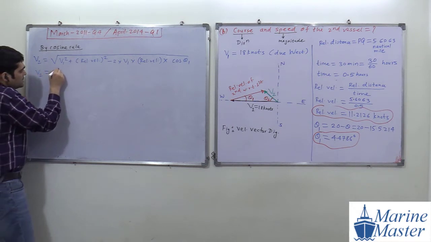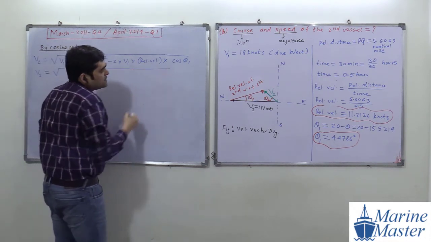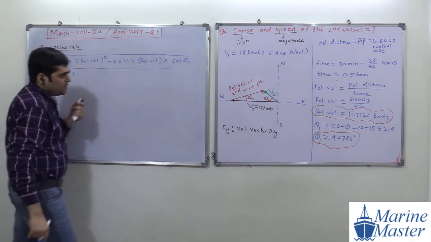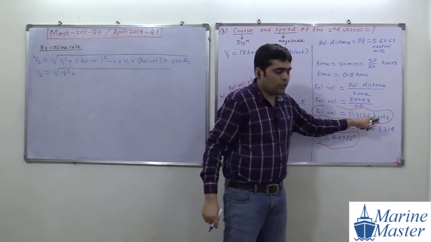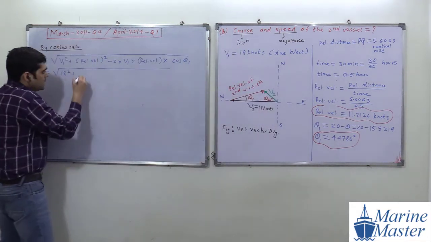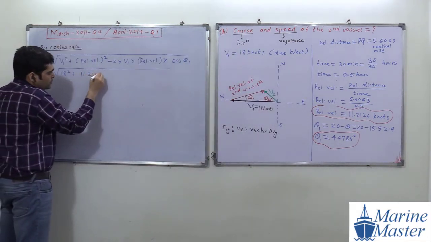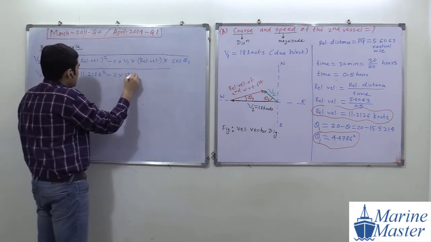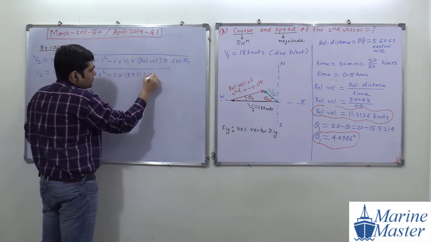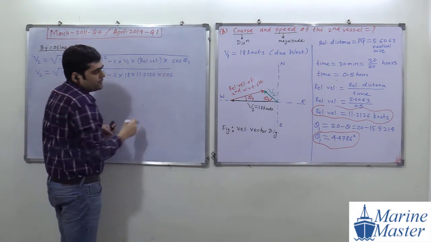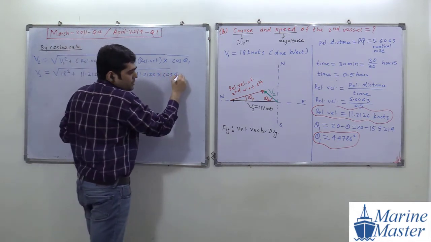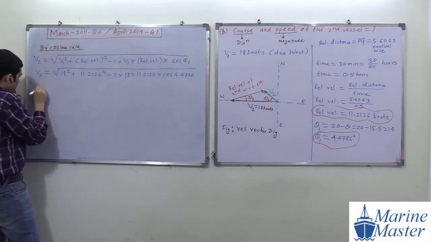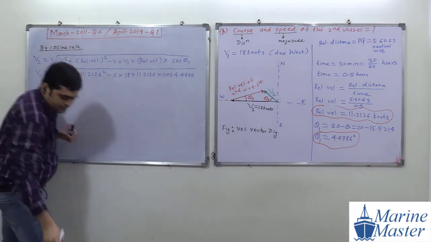Square root of V1, which is 18 knots, so 18 squared plus the relative velocity we calculated, 11.2126 squared, minus 2 times 18 into 11.2126 into cos of θ1, which is 4.4786. So please everyone do the calculation and tell me the value of V2.